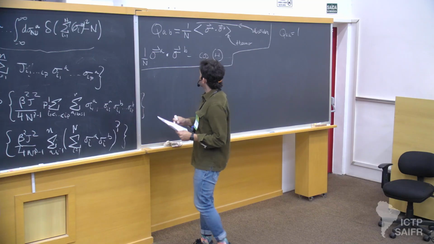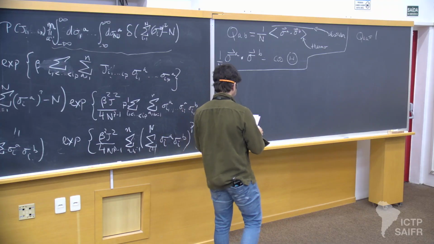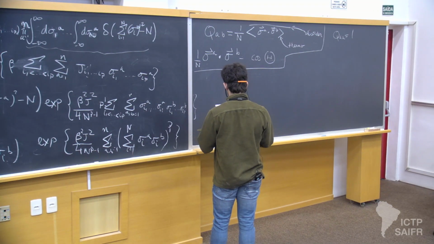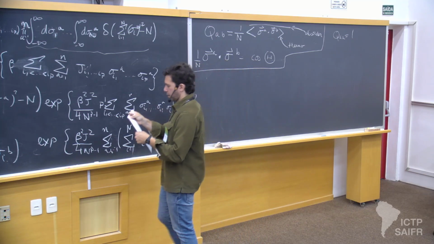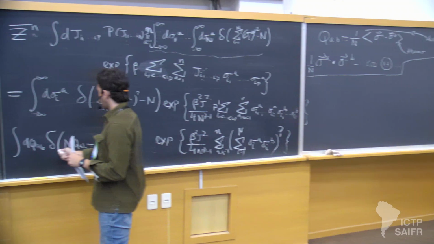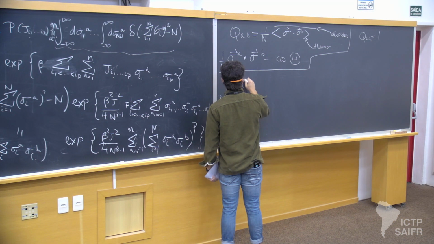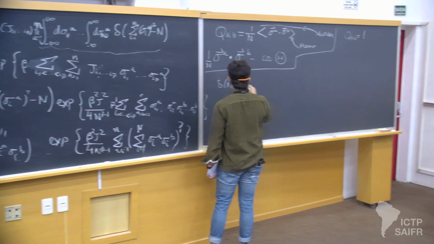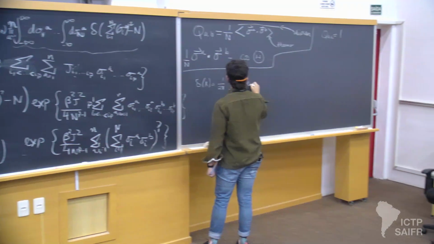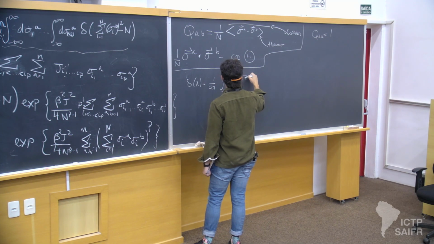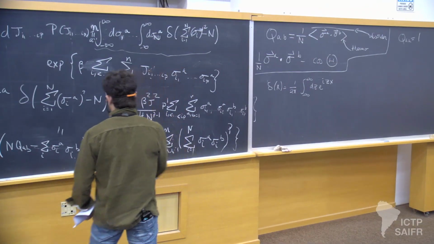Okay, so I'm almost there. I have this delta function here. And remember, I can always write a delta function of x as 1 over 2 pi integral from minus infinity to infinity dz e to the i z x, right? It's the representation of the delta function. So I'm going to do that with this delta function.